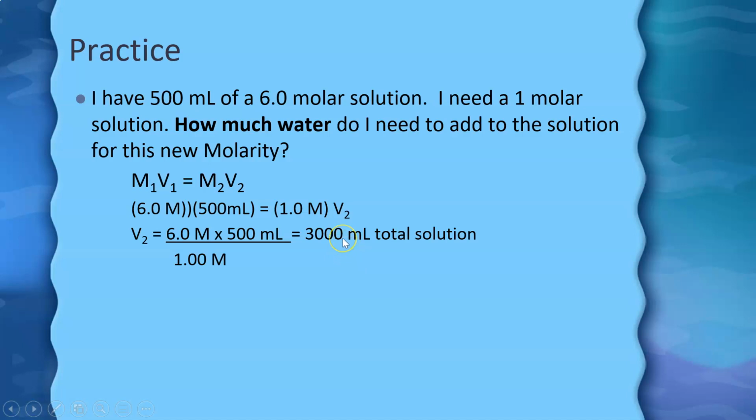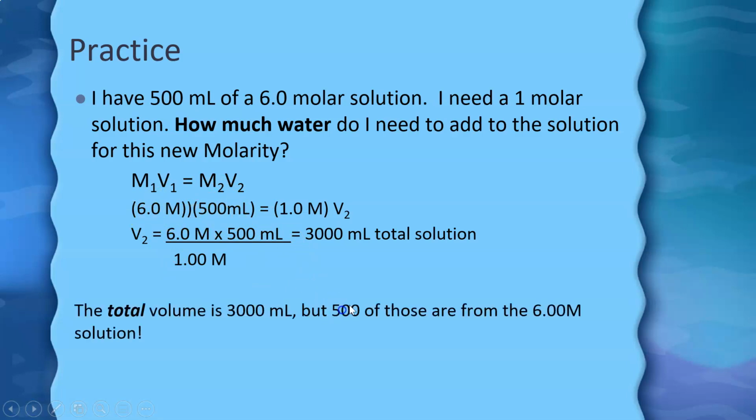Let's read the question. Okay. Notice this is my total solution. So 500 mils of that total solution is going to be from this 6 molar solution. So in fact, I don't need to add 3,000 milliliters of water.